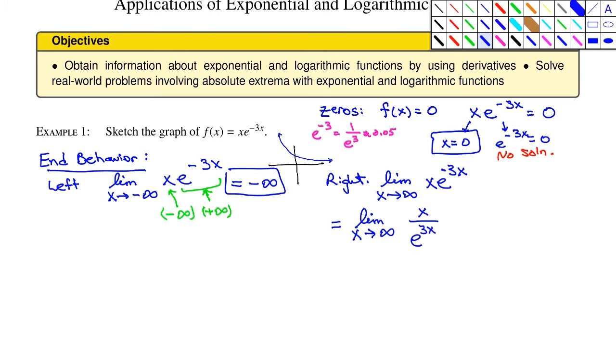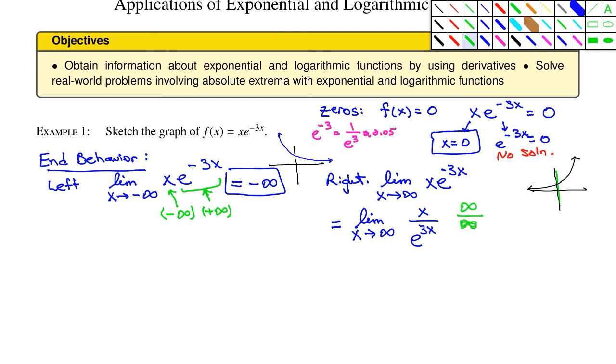Because the exponent was negative, I can shift it down to the bottom. Now what do we have here? As x goes to infinity, the numerator goes to infinity, and the function y equals e to the 3x in the denominator also goes to infinity as x goes to infinity.